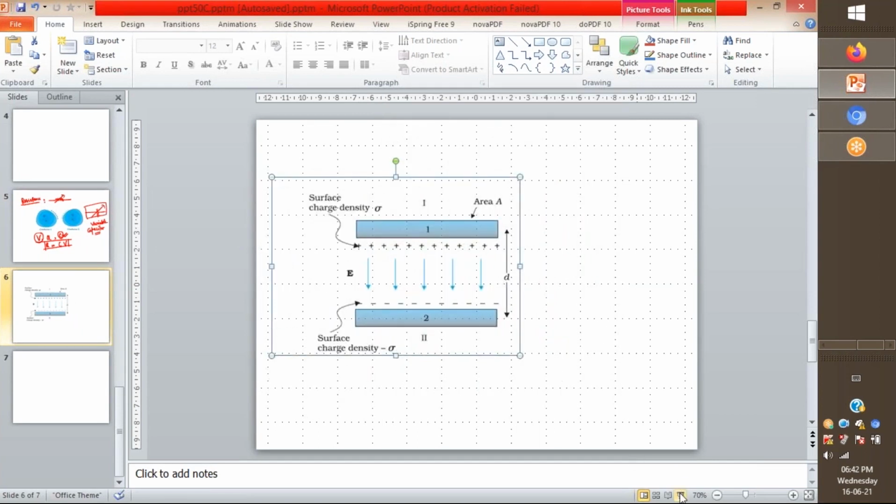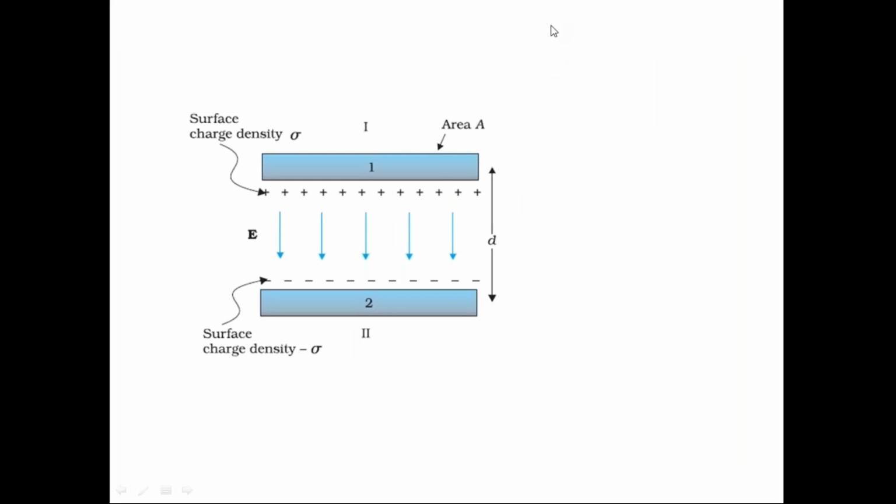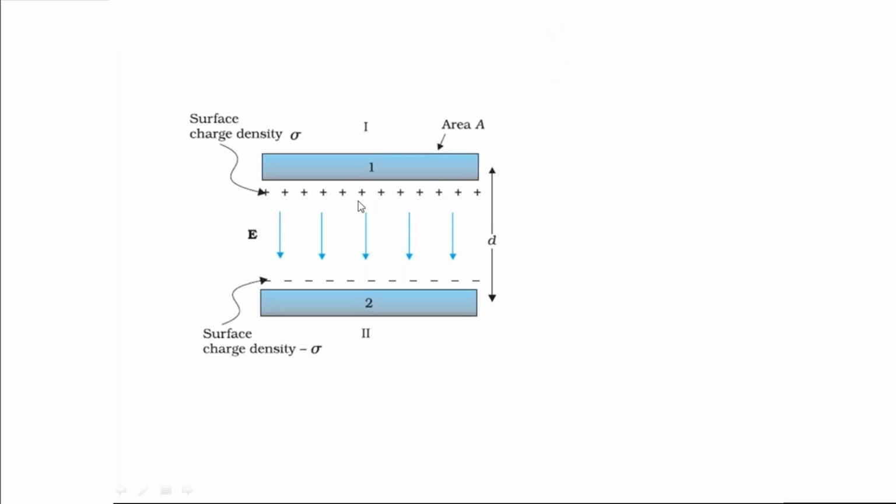So what is my aim? I have got a parallel plate capacitor. In your exam they will ask you to derive the expression for the capacitance of this parallel plate capacitor. So what will be the question?